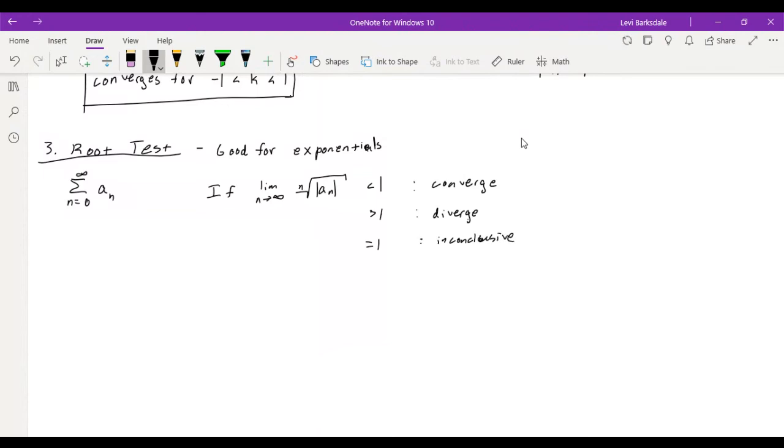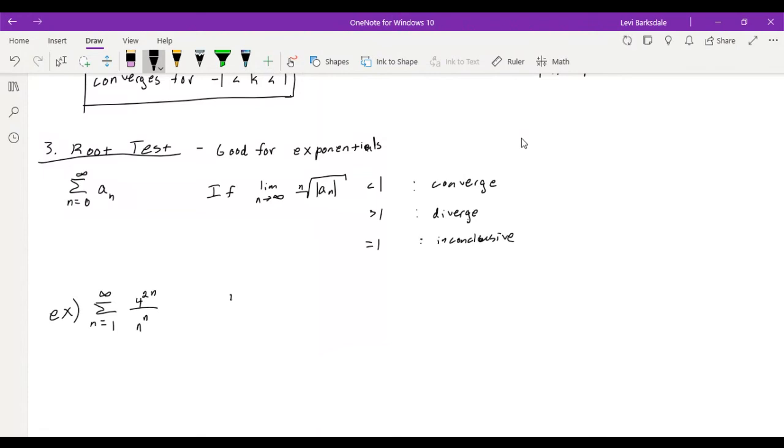So pretty similar to the ratio test in that regard. Now, as a quick example, let's say we had the sum from 1 to infinity of 4 to the 2n divided by n to the n.